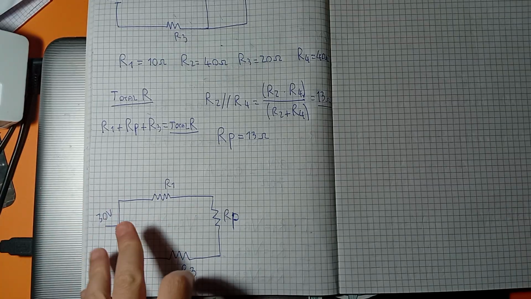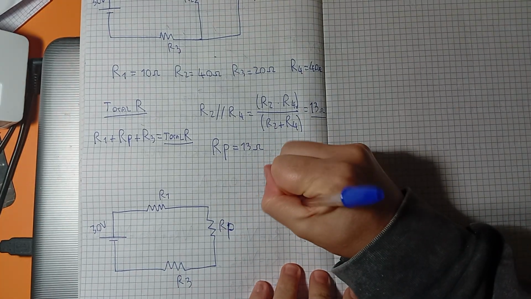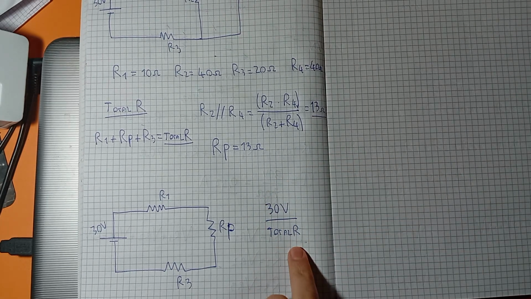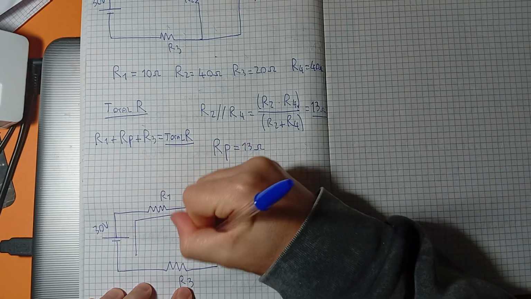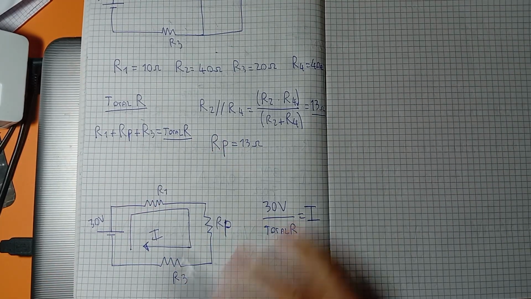And when I have the total resistance, I just have to divide 30 volts by the total resistance, and I will obtain the current, I, which flows in this circuit.